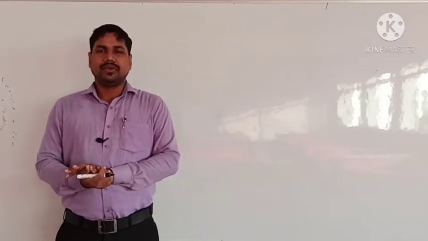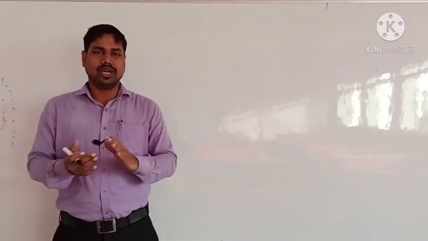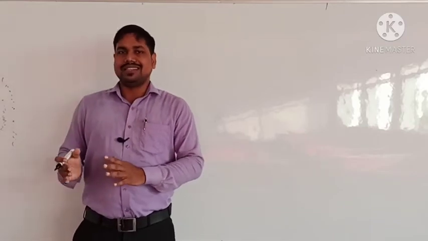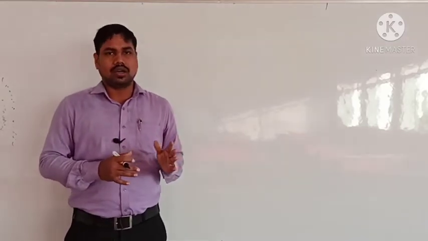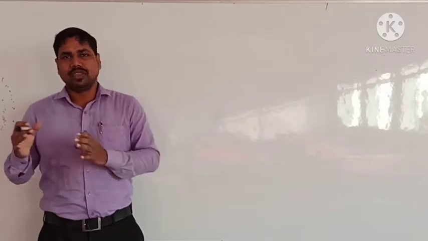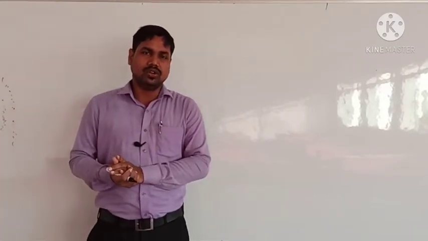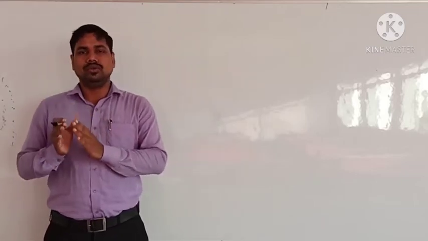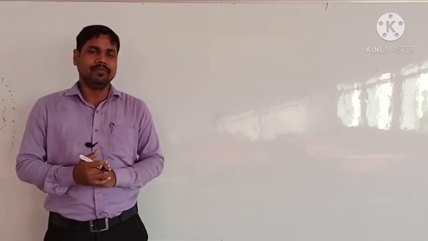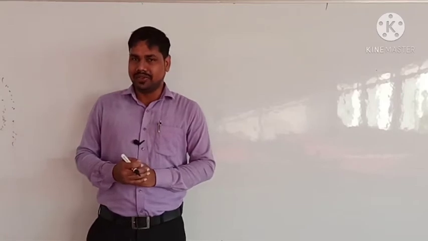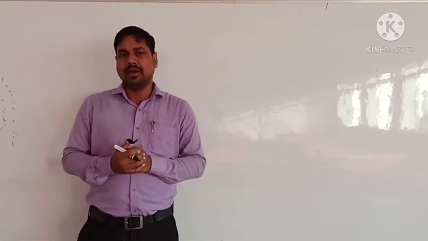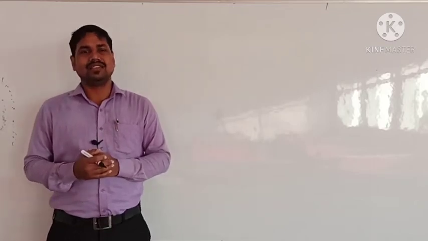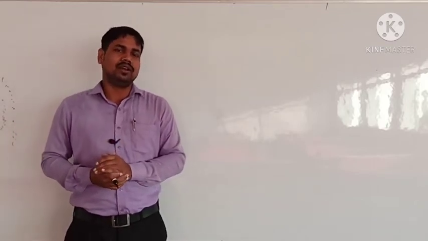After that, we have also learned how to convert improper fractions into mixed fractions and mixed fractions into improper fractions. So now it's time to compare two fractional numbers. Suppose two fractional numbers are given, one is 3 by 7, another is 5 by 7.